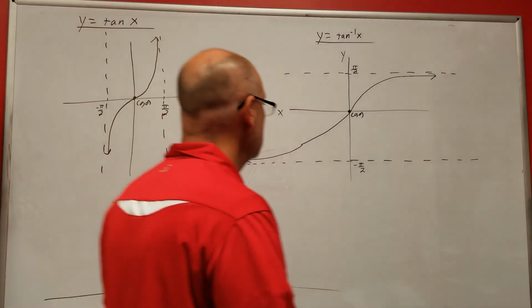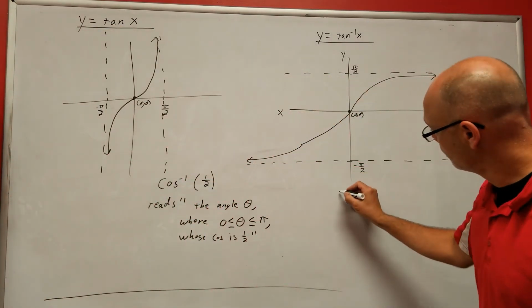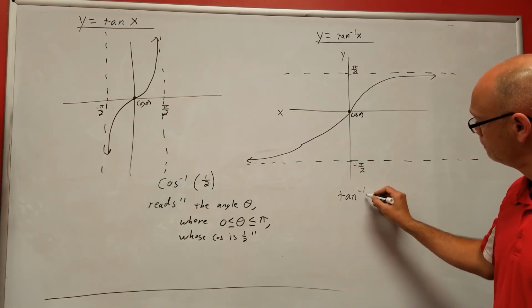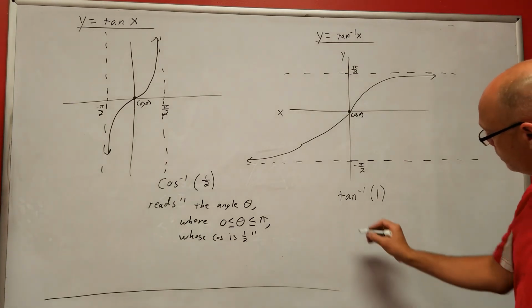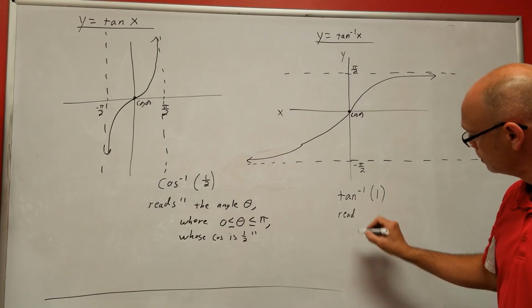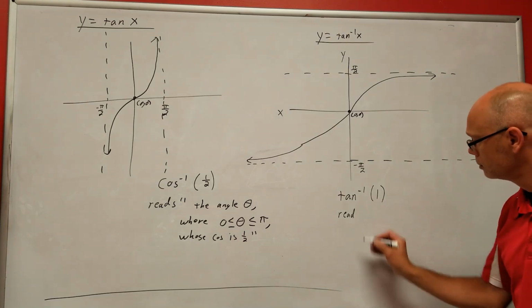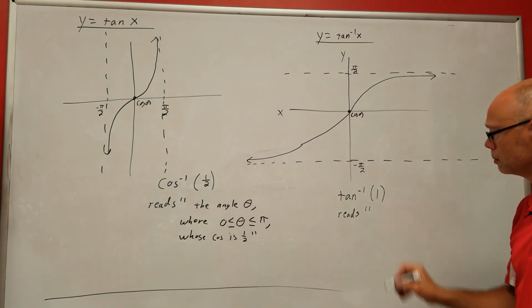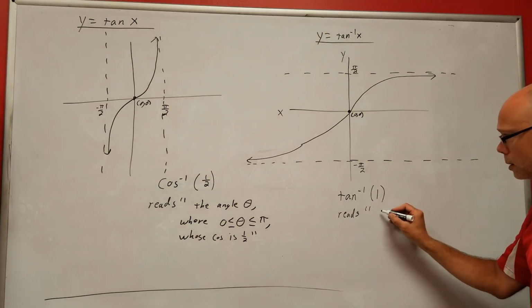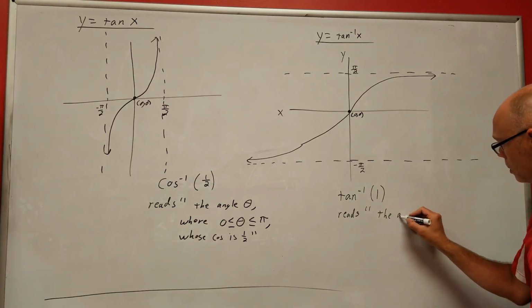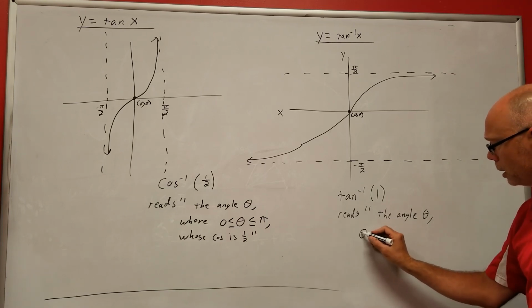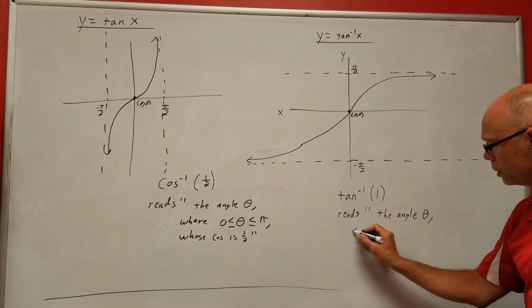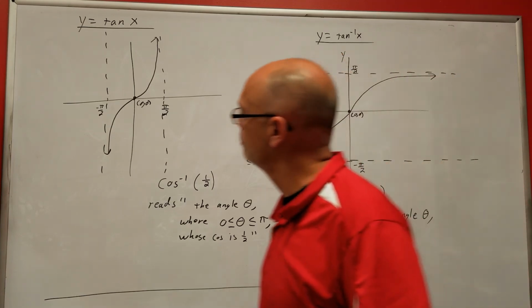All right, let me ask you this now. What does this read? This reads the angle theta, where theta falls between what? What do I restrict this domain to?